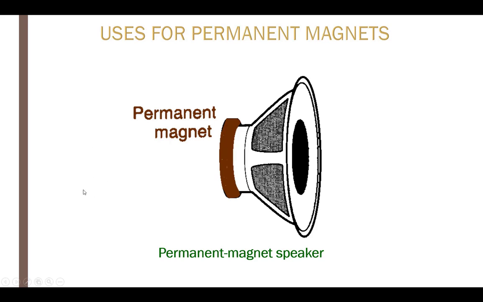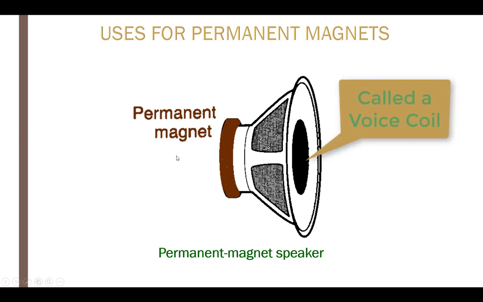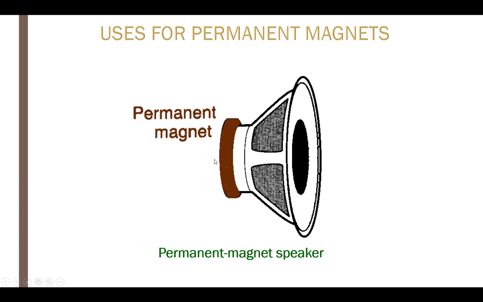The signal's not loud enough to cause enough current to drive this speaker, so I have to have an amplifier as well to boost that signal up. We'll talk more about amplifiers in another learning module too. But what will happen is, like a motor, I have a permanent magnet here, but inside I have an electromagnet, and that signal coming from my radio goes into that electromagnet, and I get motion.